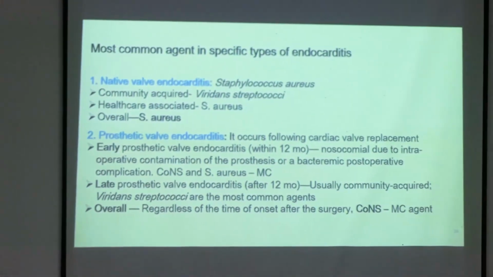You have not maintained the aseptic precautions, and during the operation you have put the infected valve. So it can be from the hands of the healthcare workers or contamination from your environmental surroundings, or it can be a post-operative complication with bacteremia, like post-operative sepsis. So within 12 months, these are the most common organisms.